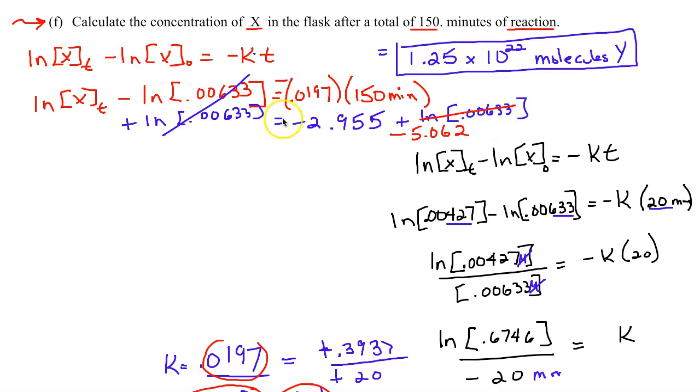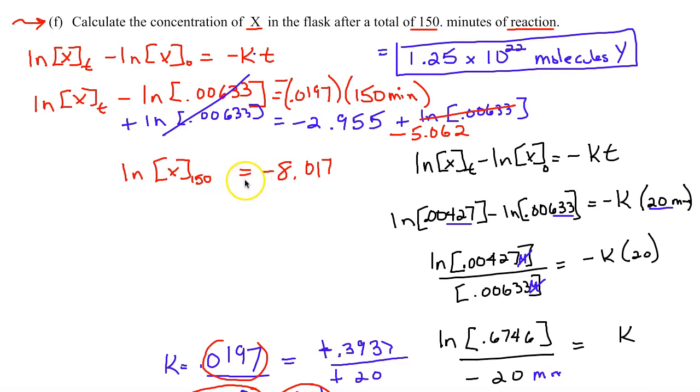So if we take this and add these two together, plus negative 2.955, what we get is a negative 8.017. Now we have the ln of x for some time period, which of course is 150 minutes. That's what we're solving.